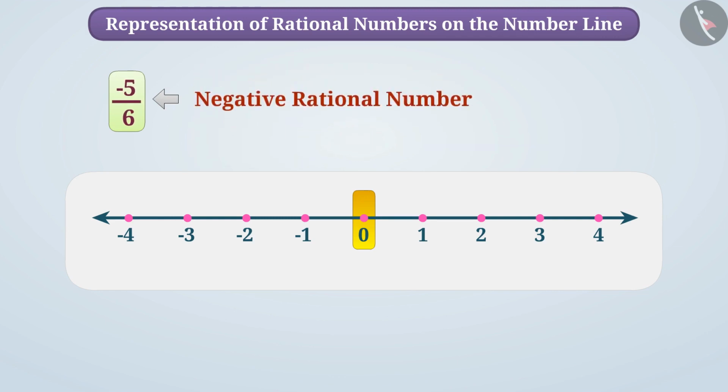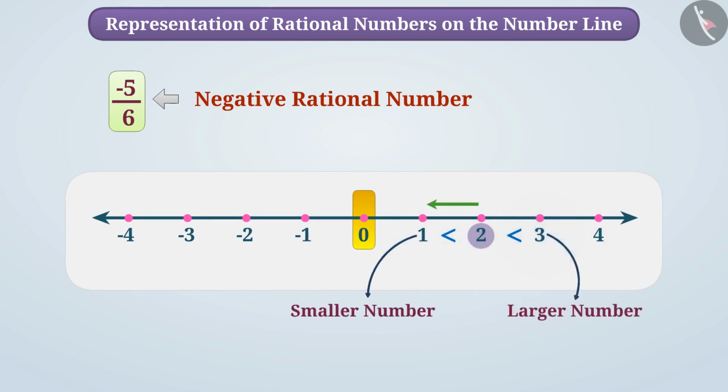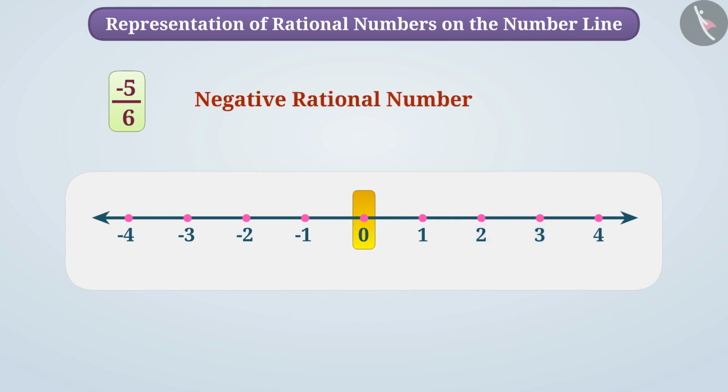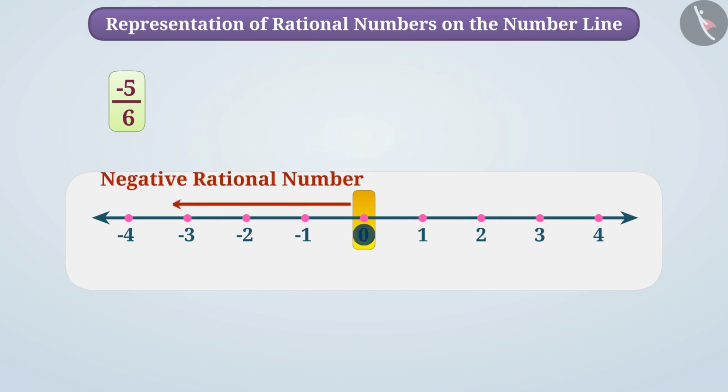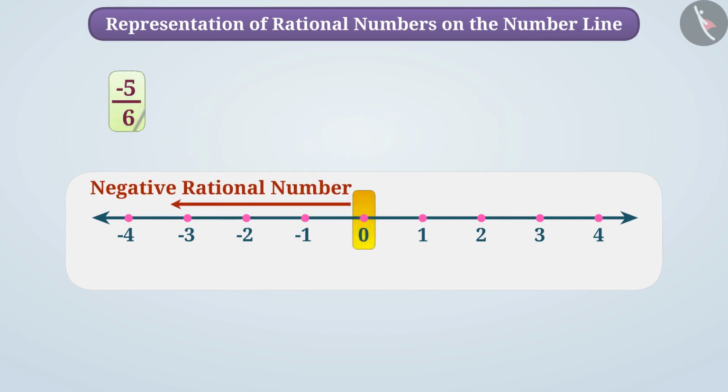We know that on a number line, a number smaller than a number is represented on its left side and a larger number on its right. Since the values of all negative rational numbers are less than 0, their positions are to the left of 0. Therefore, the position of minus 5 by 6 will also be on the left of 0.